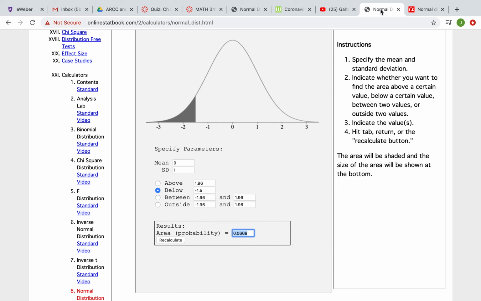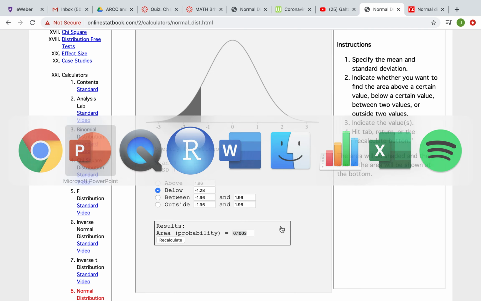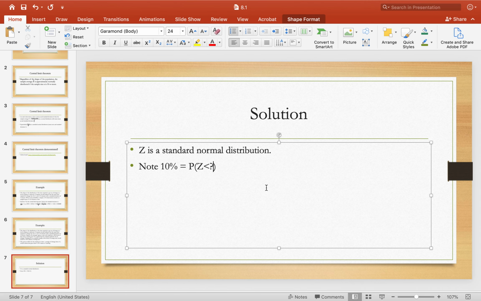I could verify 1.28, and it gives me a 10% chance. So the unknown value is now known. It's minus 1.28.